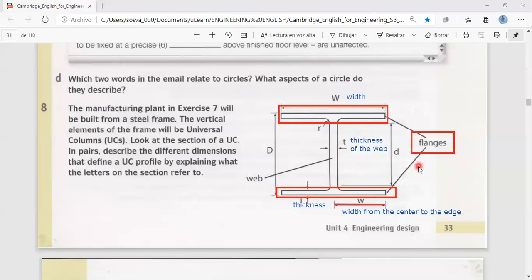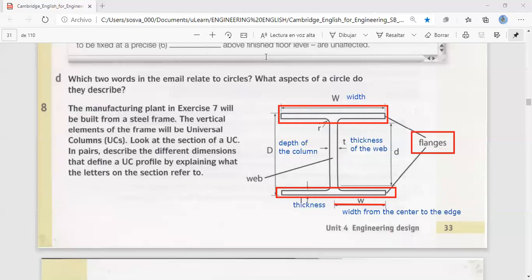Yes, and then we only miss the letter D. You see, it is deep or exactly the depth. So in this case, the capital letter refers to the depth of the column. Let me write it.